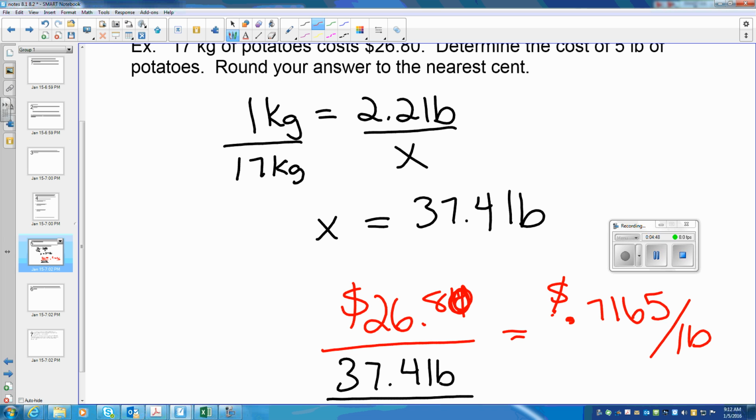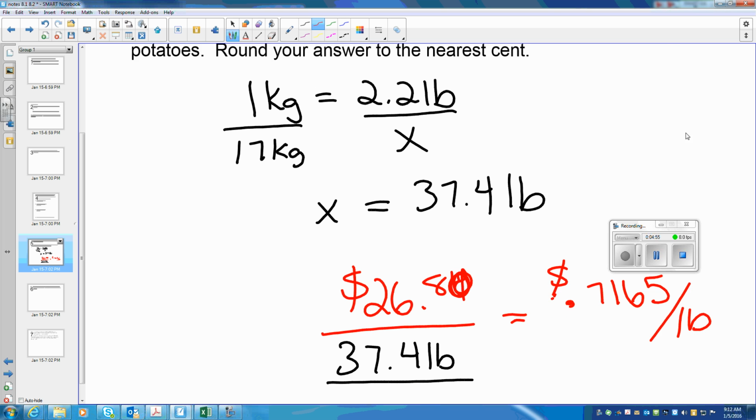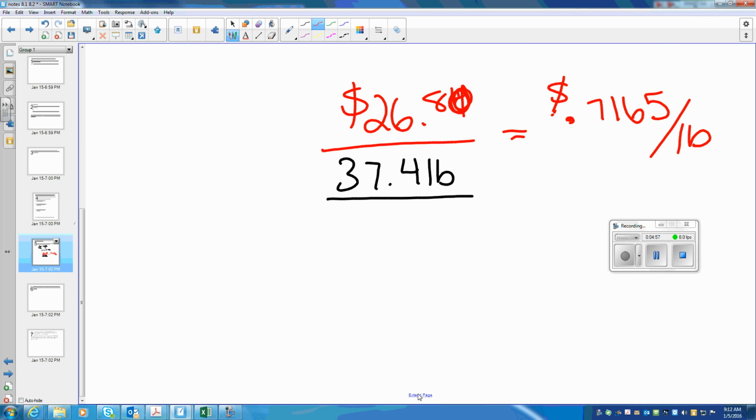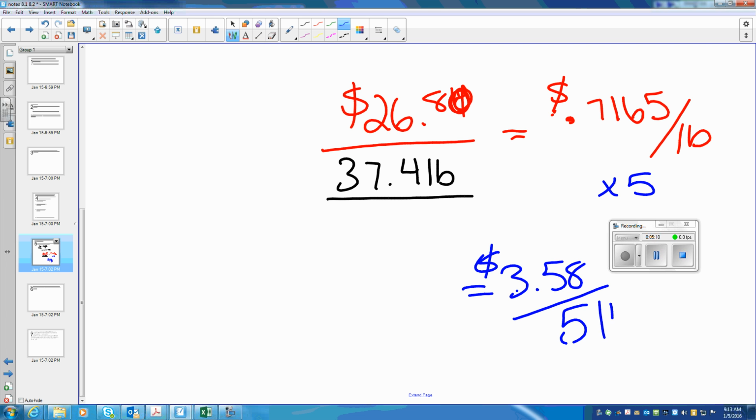If you need the cost for 5 pounds, you're going to take this answer and you're going to multiply it by 5. Okay? So if we times it by 5, $3.58 per 5 pounds. And is it okay that I put 5 pounds underneath?